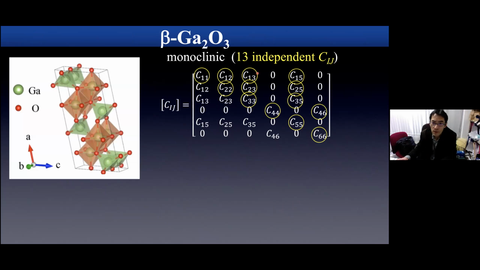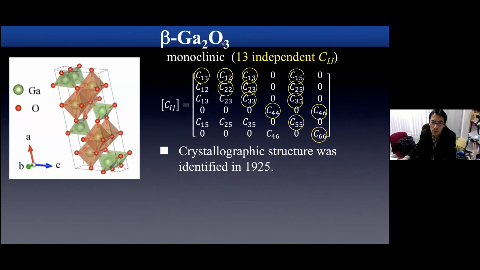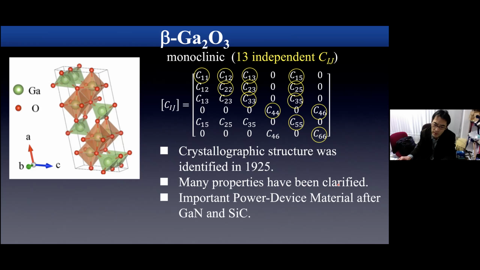For example, this method was applied to beta gallium oxide, which has 13 independent elastic constants. The structure of this material was identified in the early 19th century, and it has already been applied to many applications, especially power devices.